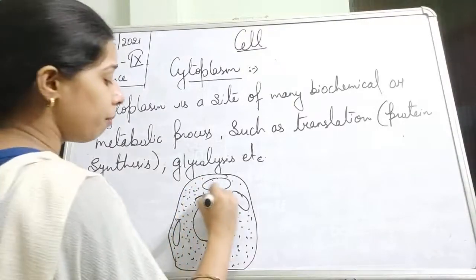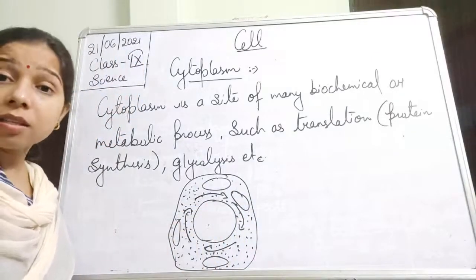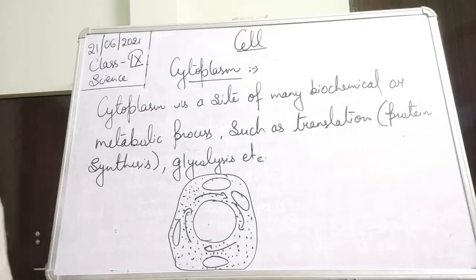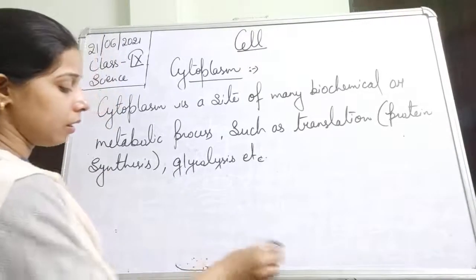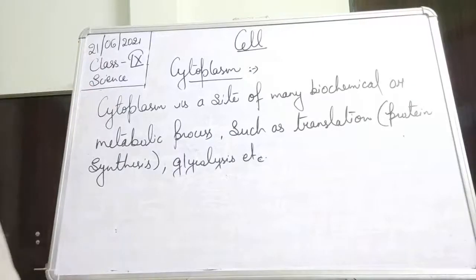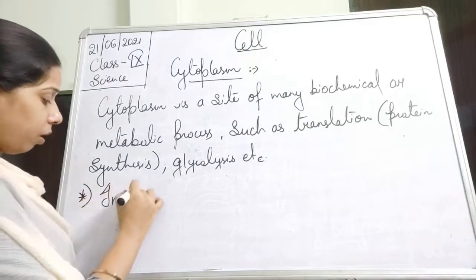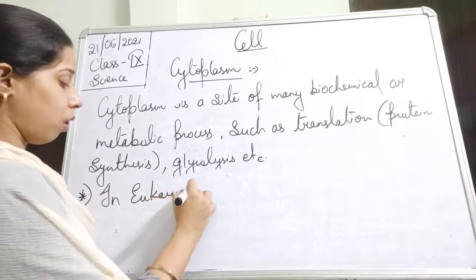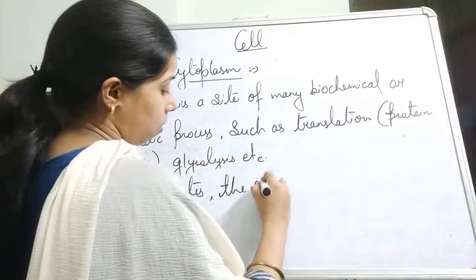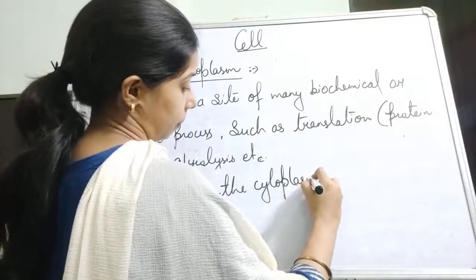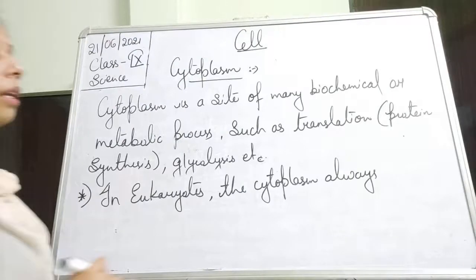What happens? The movement happens in a cycle in the cytoplasm, and this cyclic movement is called cyclosis. So since they are moving in a cyclic pattern, we can write that in eukaryotes, the cytoplasm always remains in a state of motion.